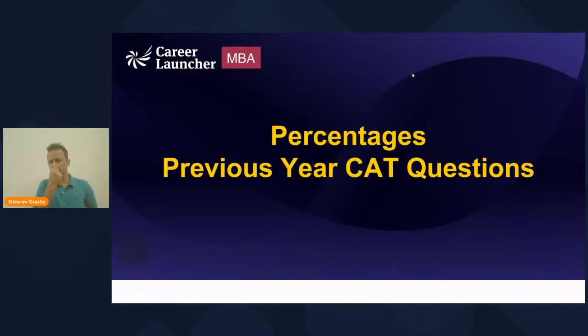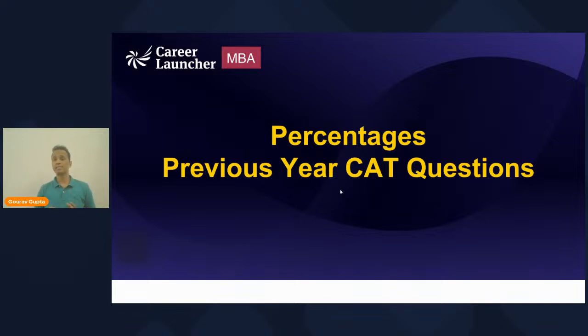But that is not the case with the questions of profit, loss, discount. So you will find the majority of questions from profit, loss, and discount to be on a slightly higher level of difficulty. I'm not saying that they will be very difficult, but yes, the level of difficulty of the questions of profit, loss, and discount is certainly higher as compared to questions from percentages. So let's have a look at some of these questions from the previous year paper of CAT examination.